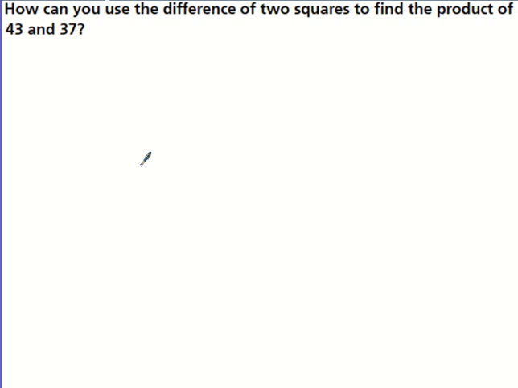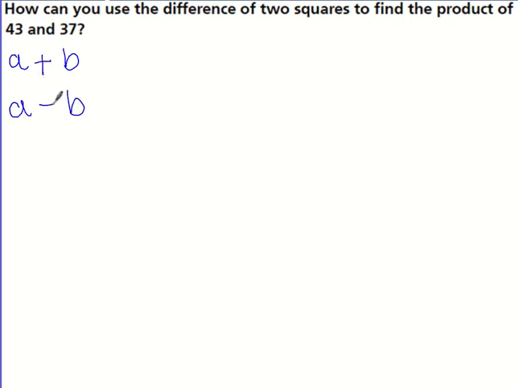We want to know how we can use the special cases we just did to find this without actually doing much. So we're going to break up 43 into two numbers, and we're going to break up 37 into two numbers. But a and b, those two numbers, have to be the same for both.